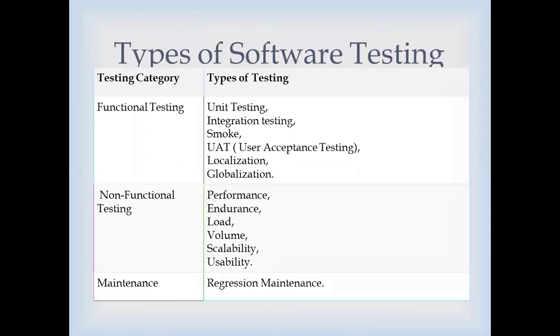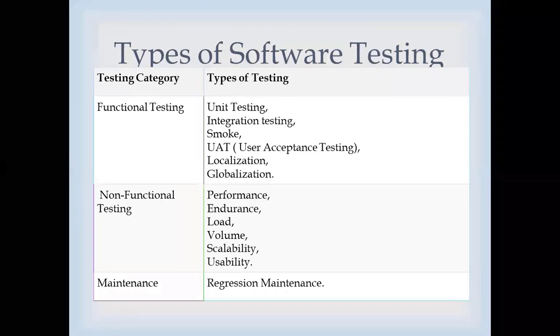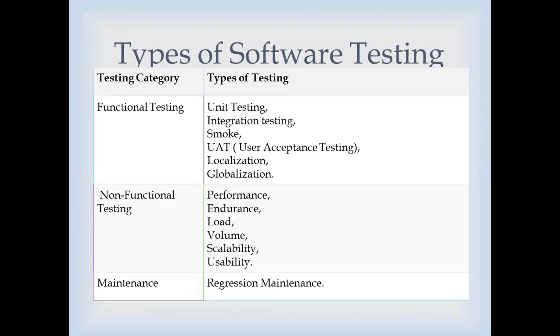Functional testing includes unit testing, regression, smoke, user acceptance testing, localization, and globalization. We'll see them in detail later. Non-functional testing includes performance testing, endurance testing, load, volume, scalability, and usability. All of these come under non-functional testing.